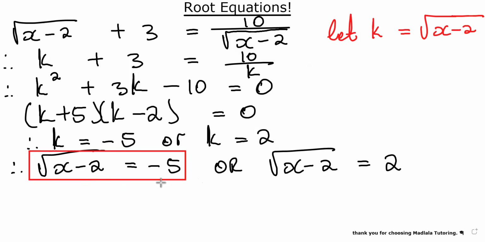Why? Because anything that comes out of the square root must be positive. So you can never have the square root of something which is equal to a negative number. Whatever goes into the root must come out positive.